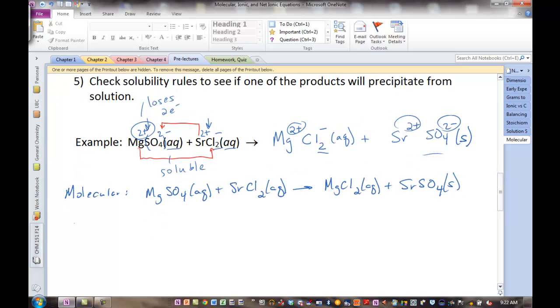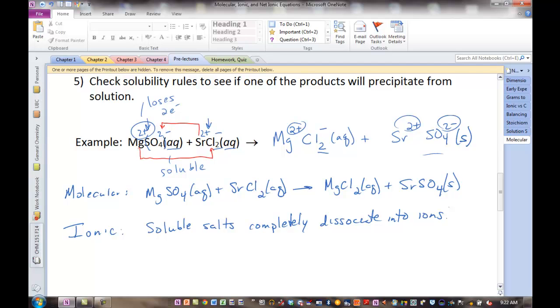Now, ionic. What we assume for an ionic equation is soluble salts completely dissociate into ions in solution. So they don't actually exist as a molecule, which actually isn't right for an ionic compound to call it a molecule, but let's call them molecules.